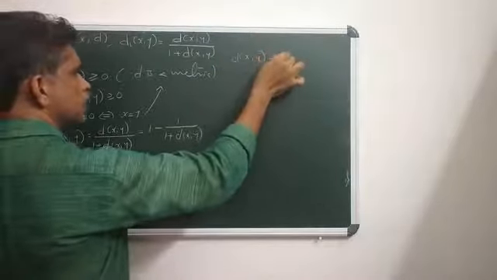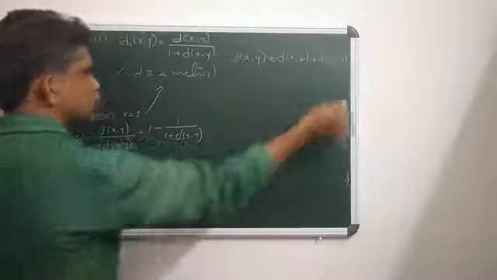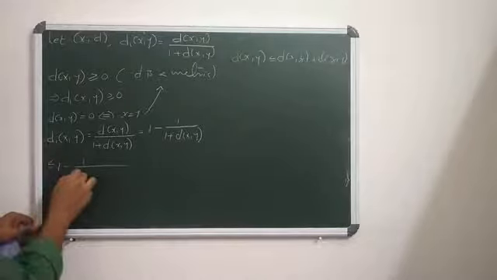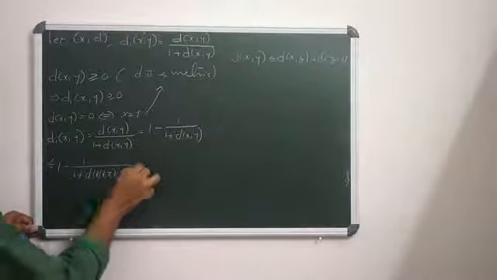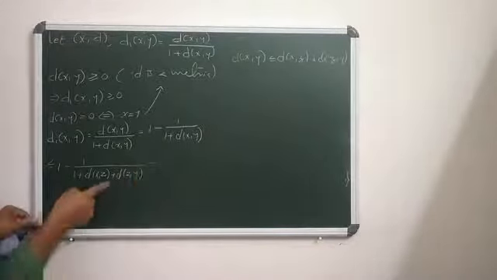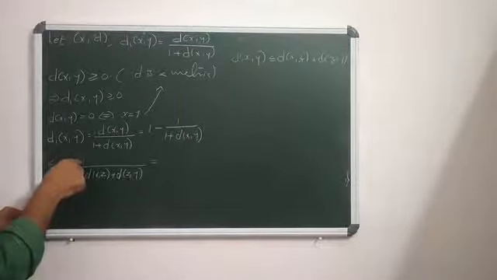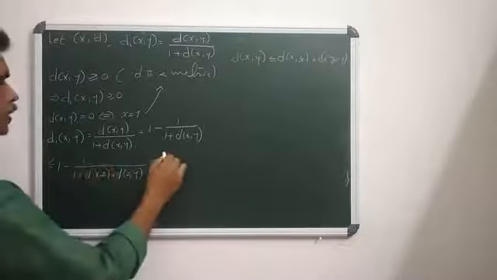Since d is a metric, d(x,y) satisfies the triangle inequality: d(x,z) plus d(z,y). So this is less than or equals 1 minus 1 by 1 plus d(x,z) plus d(z,y), because d is a metric. Taking LCM, 1 plus d(x,z) plus d(z,y) minus 1 by this denominator, 1 and 1 cancelling each other.